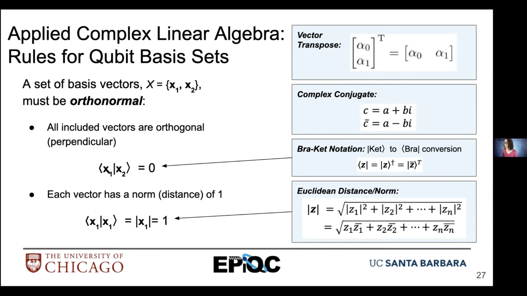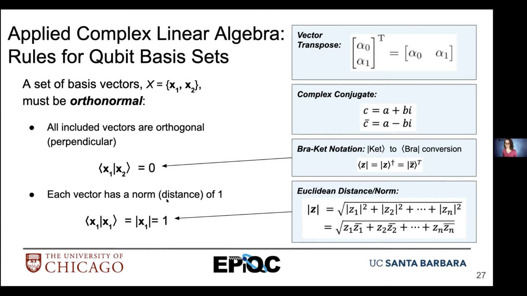So here we're going to apply our inner product and our bracket conversion that we implement using the conjugate transpose. Second, we have to make sure that each vector has a norm or distance of 1. So that might sound a little confusing, but we've been working with this the whole time. We have to make sure that all of our probabilities sum to 100% with the quantum state.